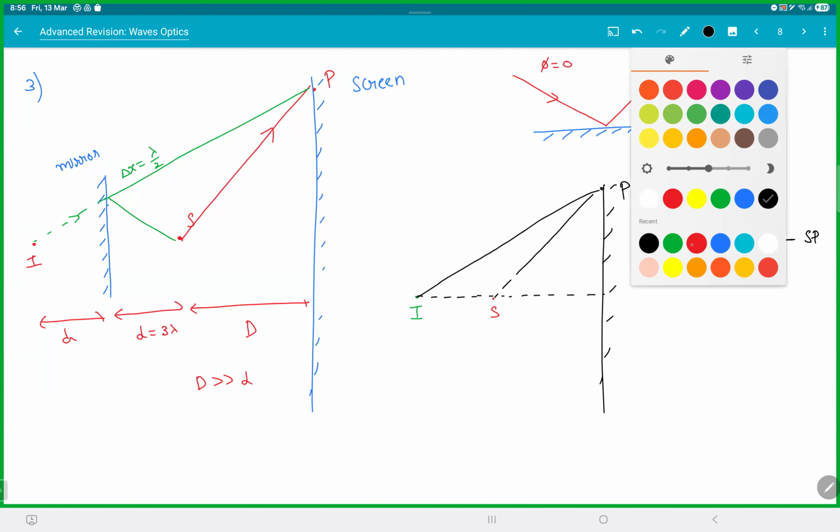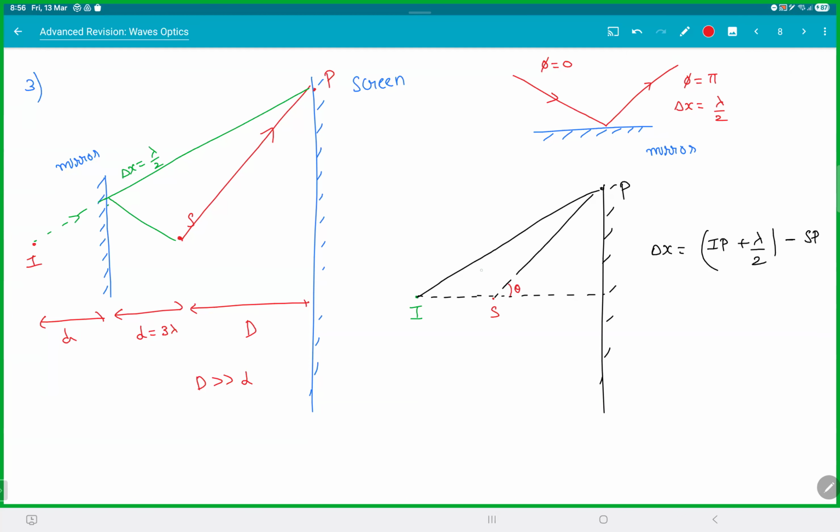Right, and you can take this angle to be theta, and you can drop a perpendicular here, and you can assume this is also theta, which is not true, but again, like I said, they're so small you can ignore that, and this extra path difference will be d cos theta. So IP minus SP is equal to d cos theta. There, so we'll get delta x is equal to d cos theta plus lambda by 2. This is the path difference of any point on the screen at point B, which is making an angle theta.